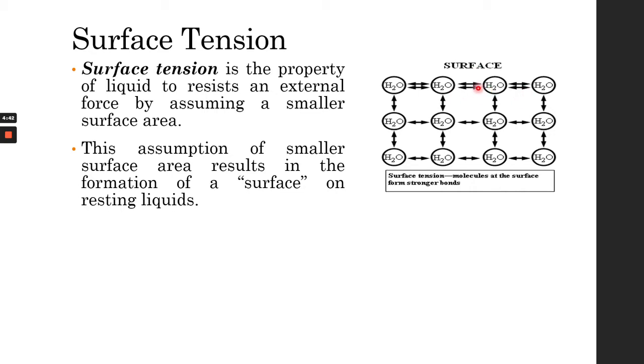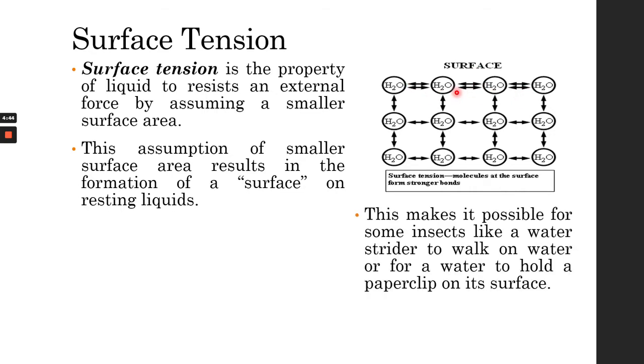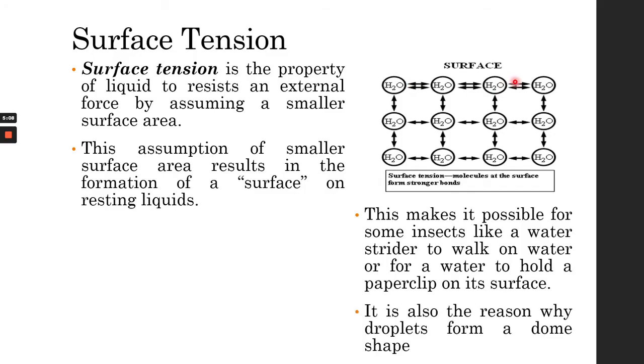And this surface tension is actually very strong, that it makes it possible for some insects like the water strider to walk on water, or sometimes for the water to even hold a paper clip on its surface. If you have a glass of water, you can drop a paper clip on top of it. Even though the paper clip is metal, it doesn't sink because of the surface tension.